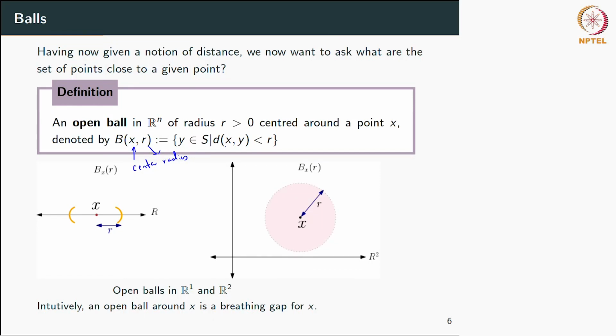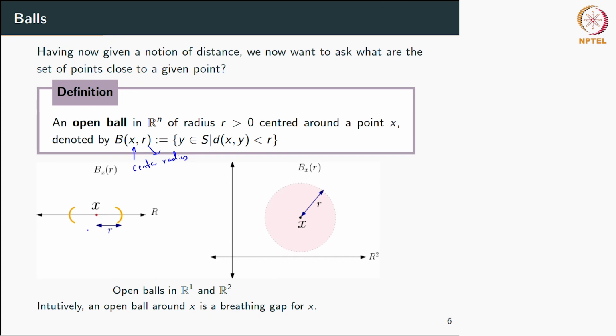It consists of all points y in the Rn space such that the distance between x and y is strictly less than r. So, we call such a set the open ball with center x and radius r.